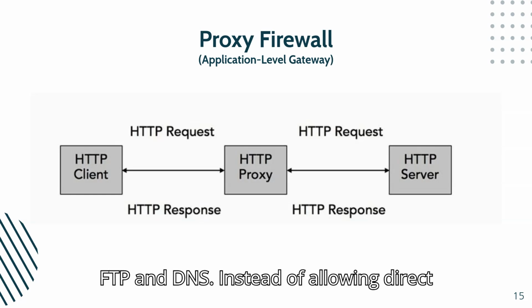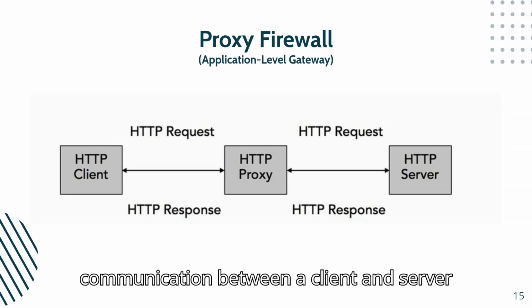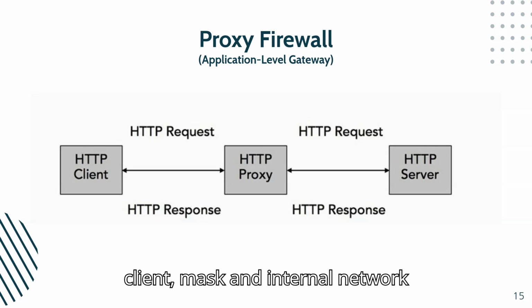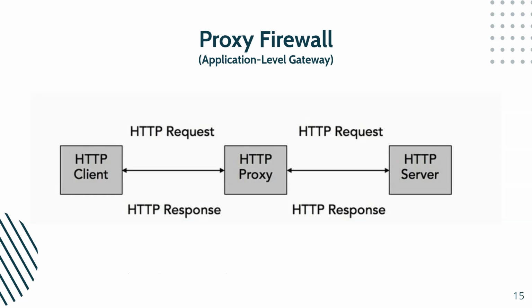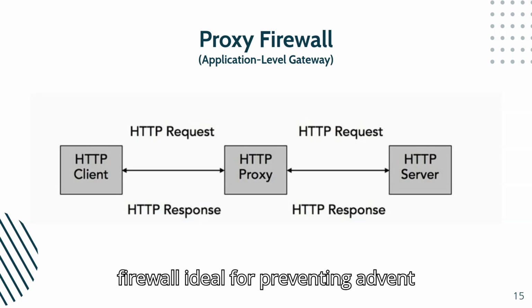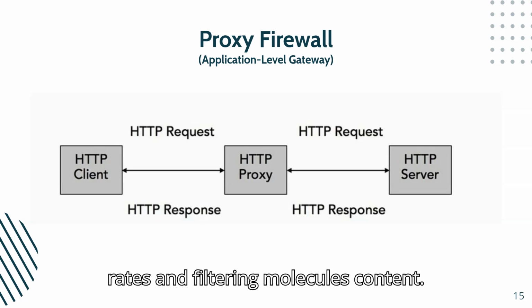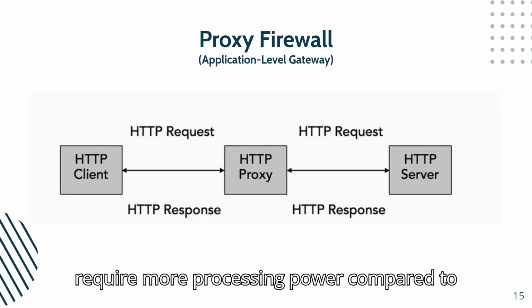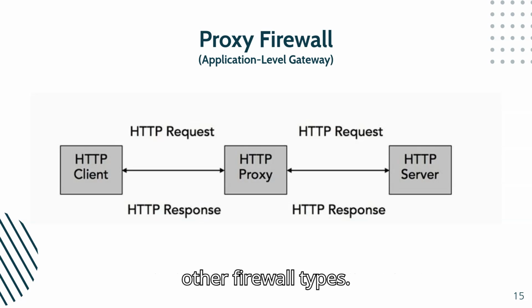Instead of allowing direct communication between a client and server, the proxy firewall forwards requests on behalf of the client, masking the internal network identity. These deep inspection capabilities make proxy firewalls ideal for preventing advanced threats and filtering malicious content. However, they can introduce latency and require more processing power compared to other firewall types.